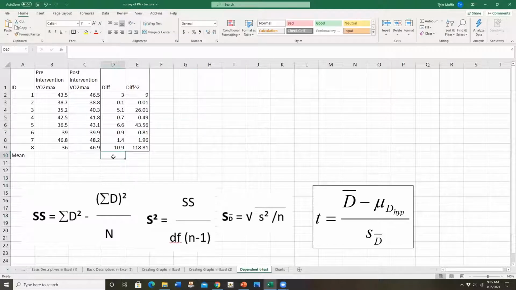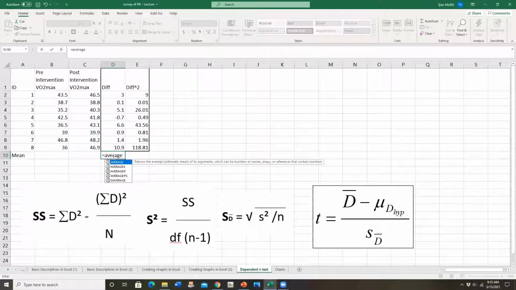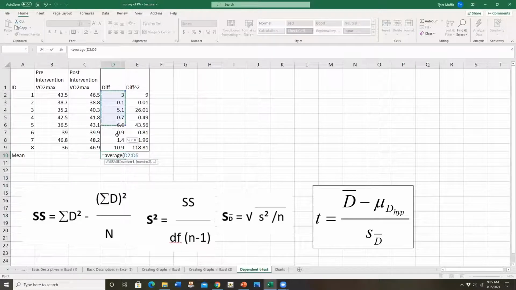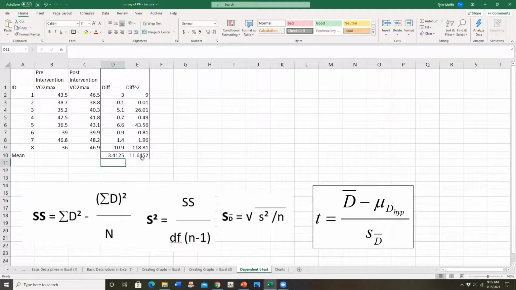All right, now I need to find my mean difference. So equals average, open parenthesis, select all my differences, and boom, I have my mean difference. This value is what's going to go right here in the top of my t equation.